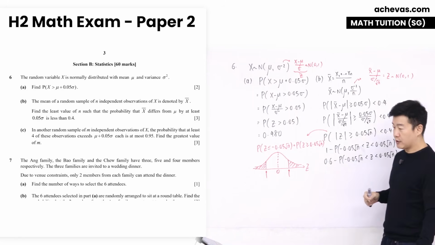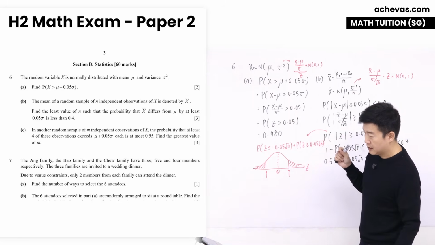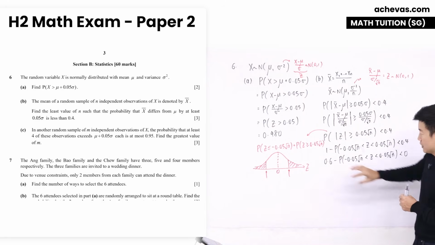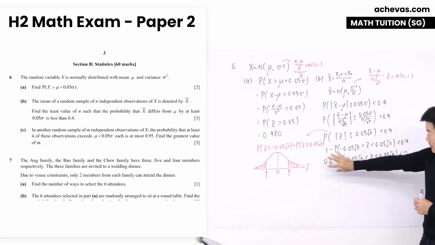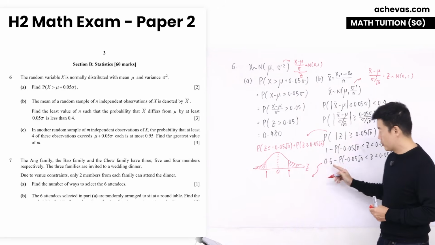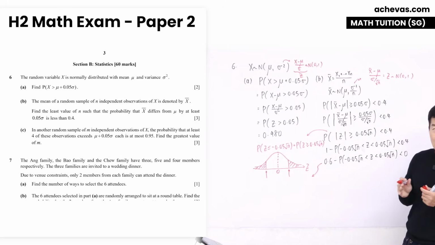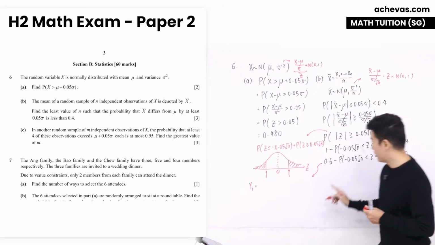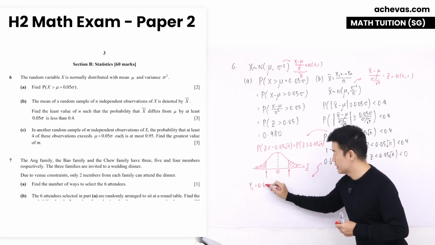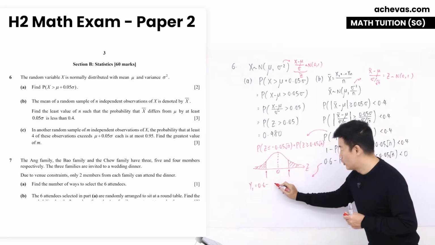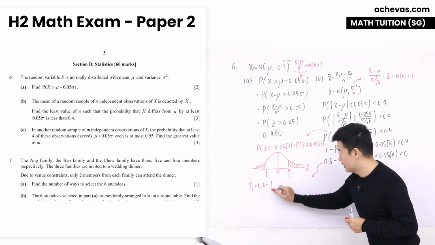And in order for me to solve for the least possible value of n, I'm going to use my graphing calculator and use the table feature to try to find the least possible value of n. So in my calculator, I'm going to be entering this into y1. So y1 will be entered as 0.6 minus this, for which we are going to make use of normal CDF on our calculator.